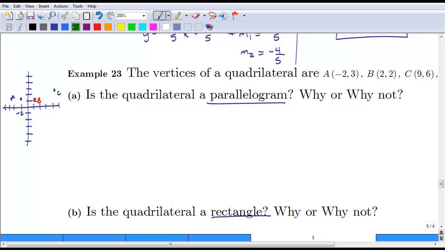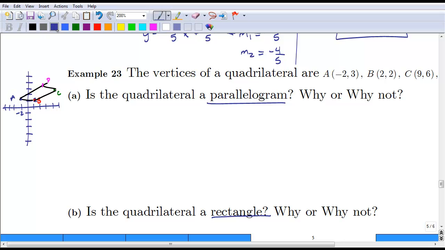And D is at 5, 7. So if we wanted to connect these, and again, this isn't the best drawing, it looks kind of like it's a parallelogram, but we want to be certain. We can't always trust the pictures.